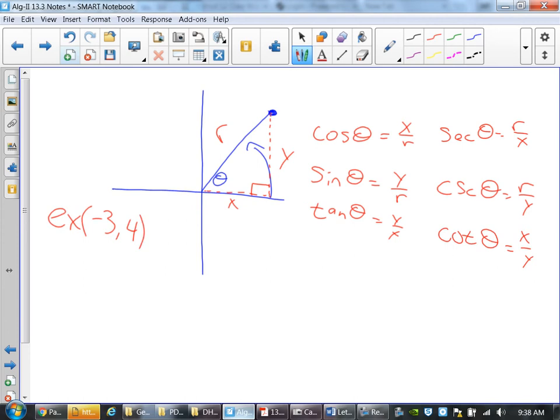If I take the ordered pair -3 and 4, I want you to write out all the 6 trig functions for that theta value. Okay, hold on, give me a second. What quadrant are you going to go to? You go to your second quadrant. There's your point. Terminal side to there.